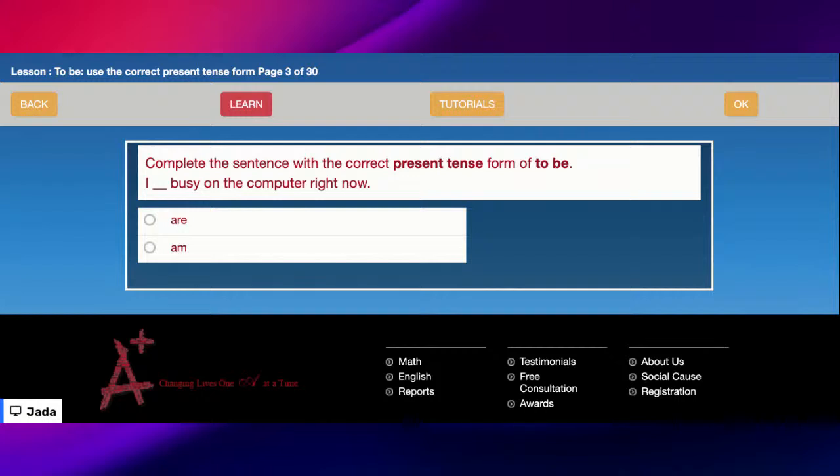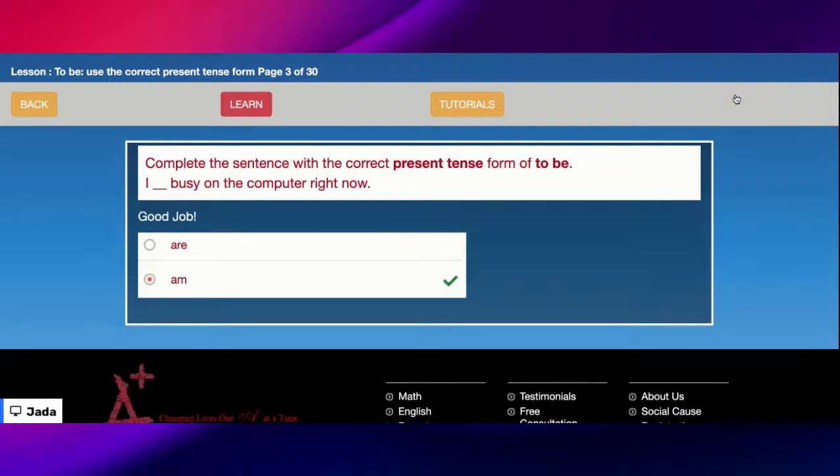I are or I am, which is correct? I am busy on the computer right now.